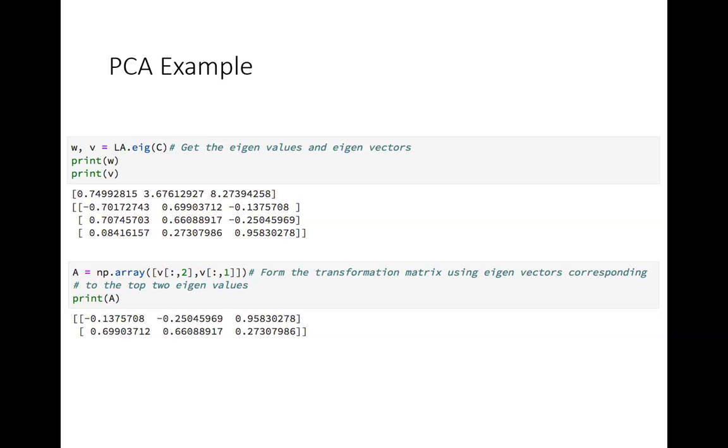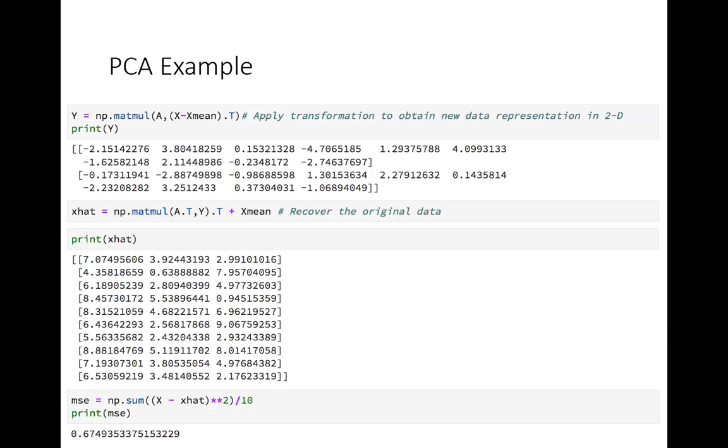So that matrix A is shown here. And once we have that matrix A, we can apply the actual transformation to calculate the y vectors. So basically, you can see here that is what we are doing, and we are getting the y vector. All right. So we have a 2-dimensional mapping of our 3-dimensional data.